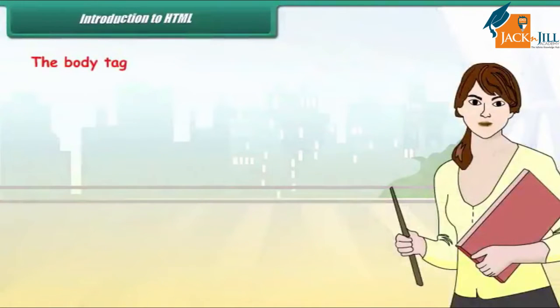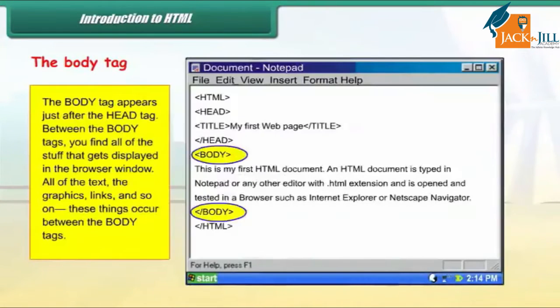The body tag. The body tag appears just after the head tag. Between the body tags, you find all of the stuff that gets displayed in the browser window: all of the text, the graphics, links and so on. These things occur between the body tags.